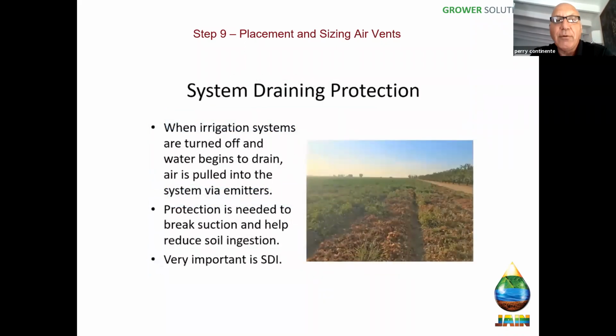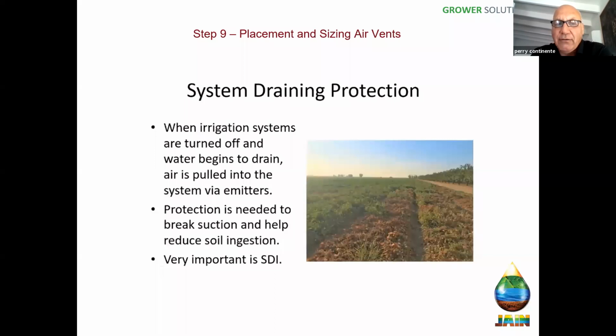Here's one of the problems: back siphoning. We won't talk too much about the cause of it, but generally it's elevation and not a properly designed system. That's why you have to have air vents on your submains that will prevent that from happening.